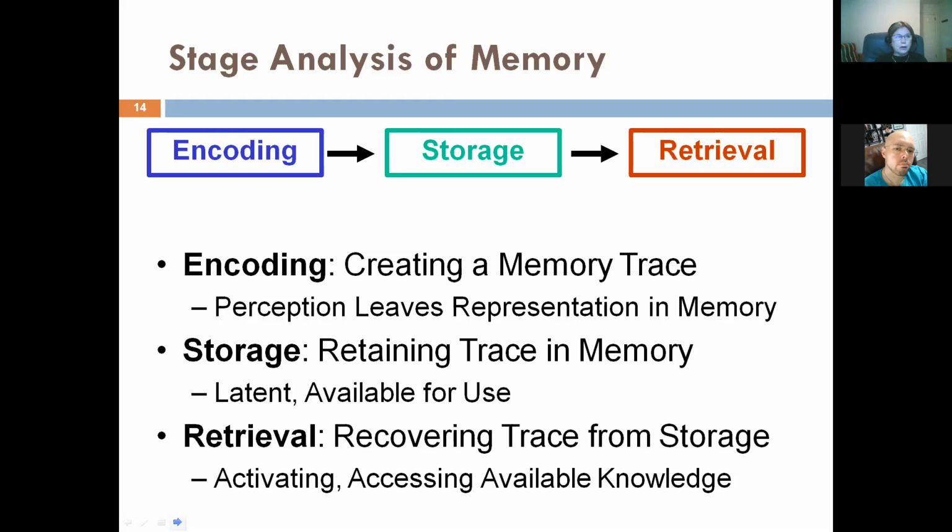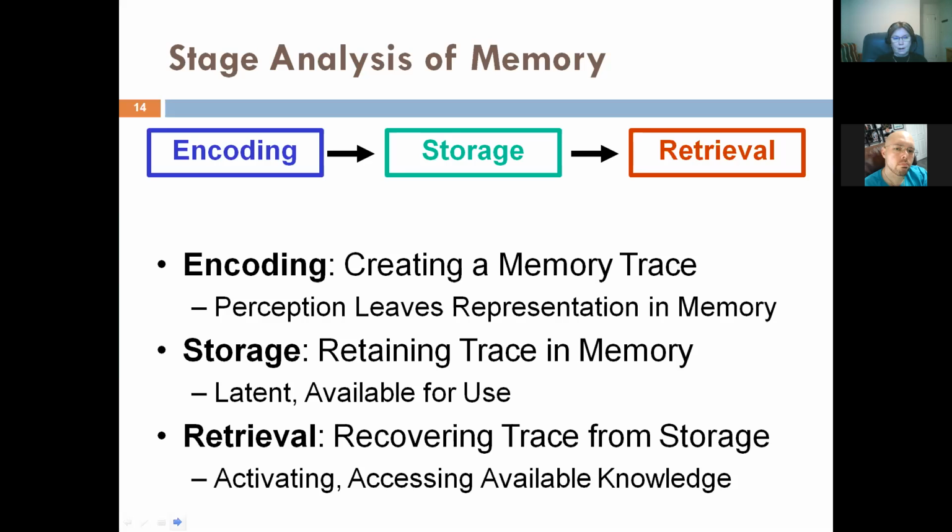For encoding, remember, we create a record of some kind of perceptual activity. So we have a percept, and that's the representation that we have in memory. Then a bunch of these percepts turn into memory traces over time. The other term for that is engram, which we talked about in relation to Karl Lashley's work in the 1950s with rats and mice.